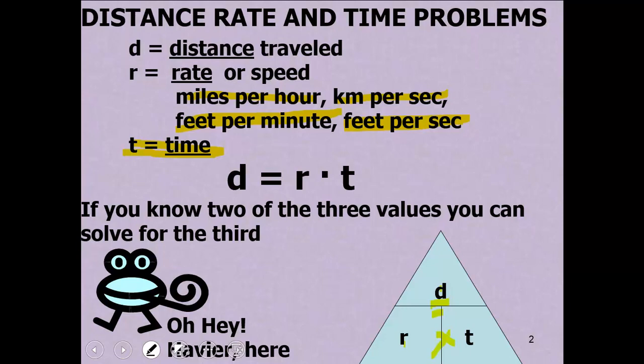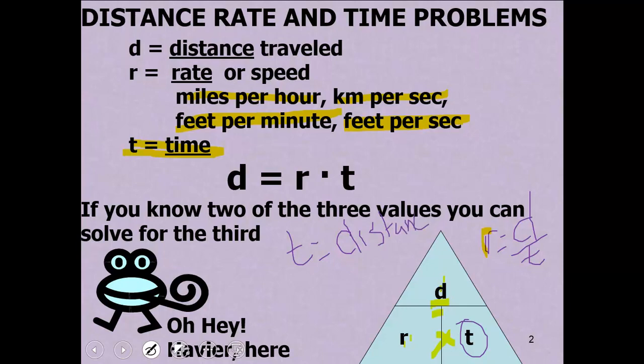If you wanted to find rate, it would be distance divided by time. R is equal to distance divided by time.